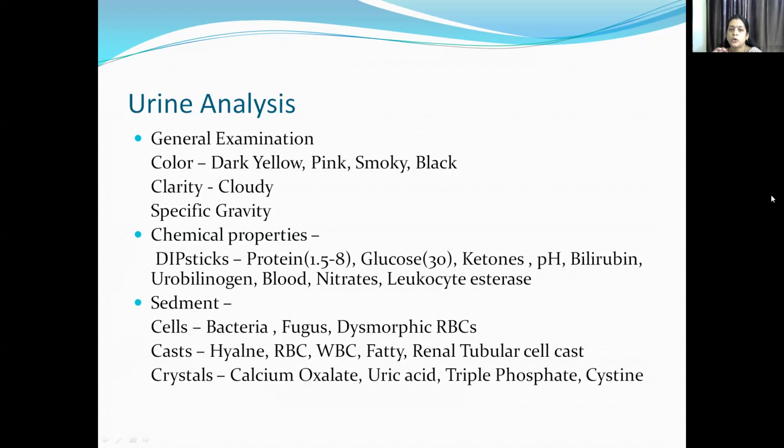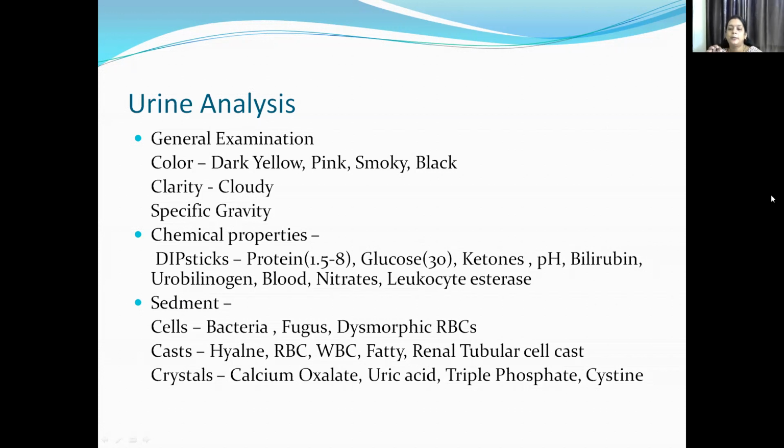I told you, proteins are sensitive, and glucose is also being measured. The ketones which are present in the urine and are detected by the chemical dipsticks are acetone and acetoacetic acid, and not beta-hydroxybutyric acid.